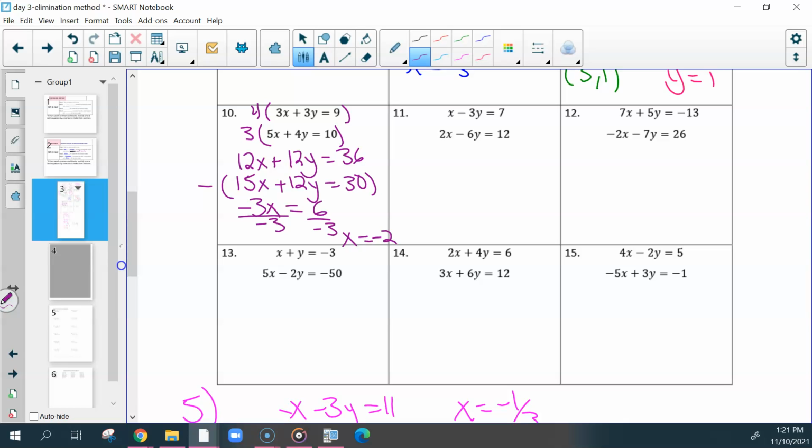Now when you go to put y or x back in to find y, you have 4 different options. You can put x back into the original 2, one of those, or one of the new equations you found. Any of those, does not matter which one. I'm just going to use this first one. Let me write this down here. So 3 times negative 2 plus 3y equals 9.